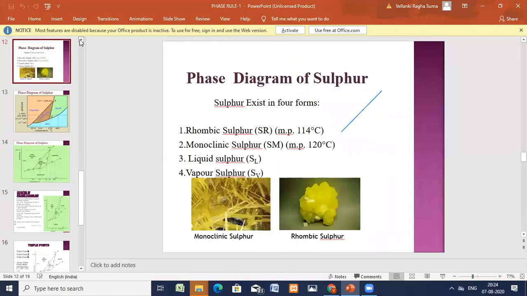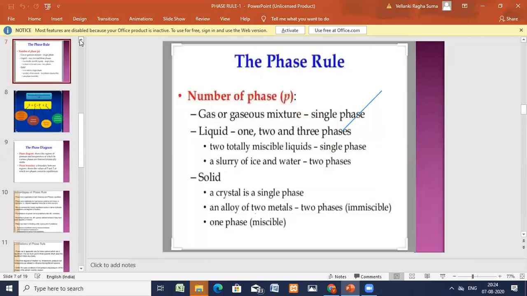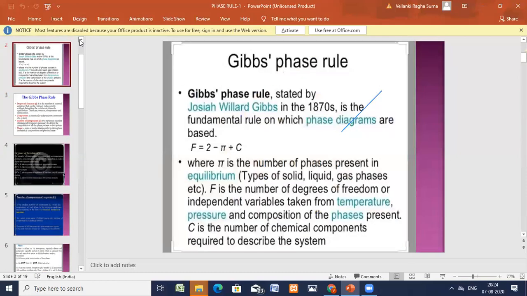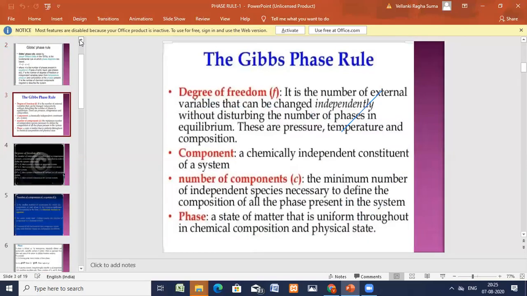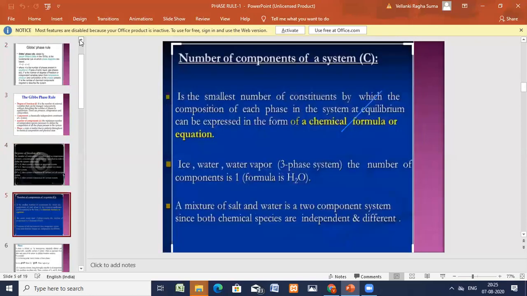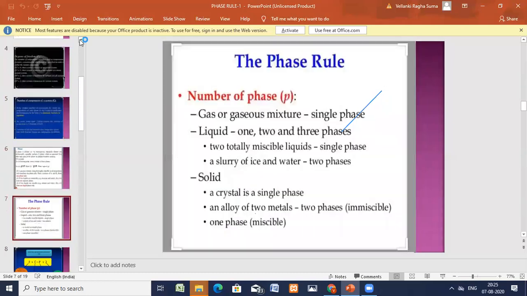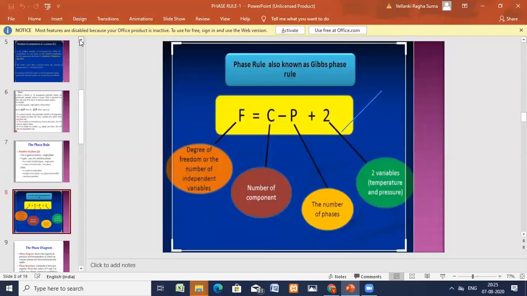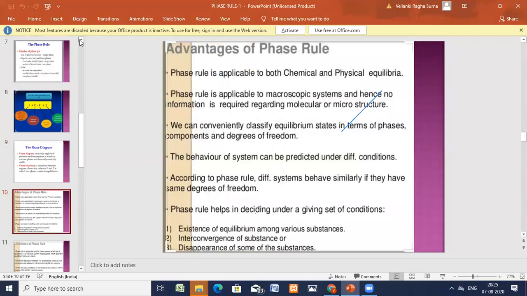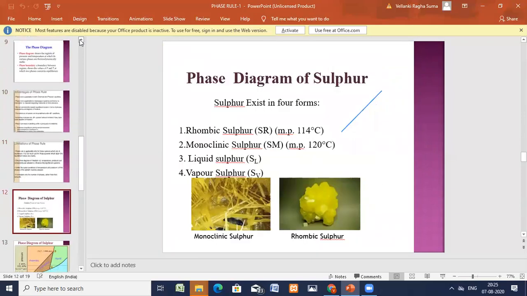I hope everybody has understood my session. Today's session, we have discussed clearly what is a phase rule, what is Gibbs phase rule, degrees of freedom, number of components, phase diagram, and the advantages and limitations of the phase rule.